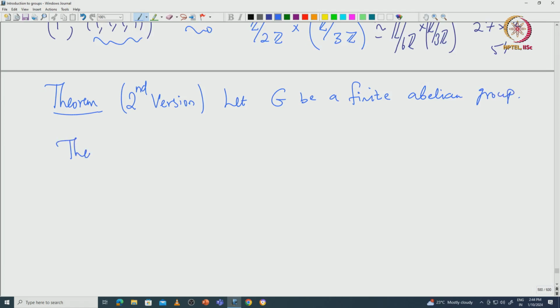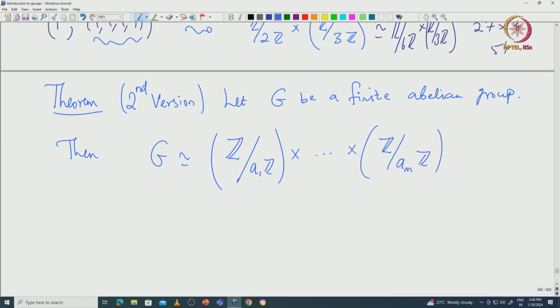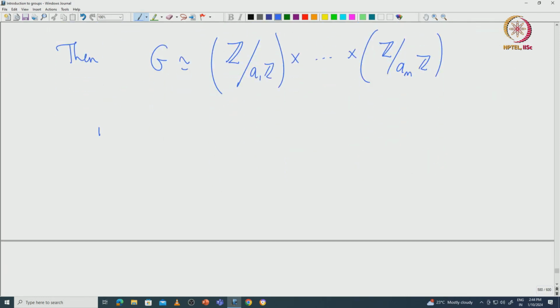Then you can prove that G is isomorphic to Z modulo a1 Z cross etc. cross Z modulo am Z, with the property that am divides am minus 1, am minus 1 divides am minus 2, and so on, a2 divides a1.